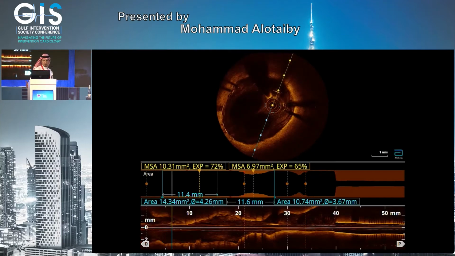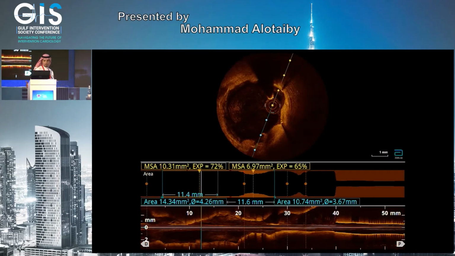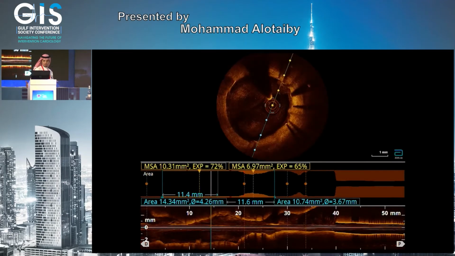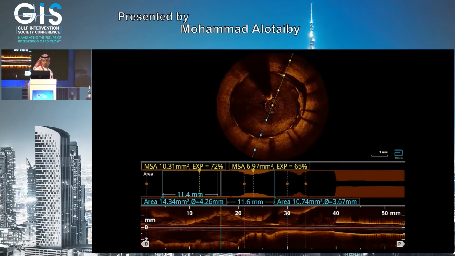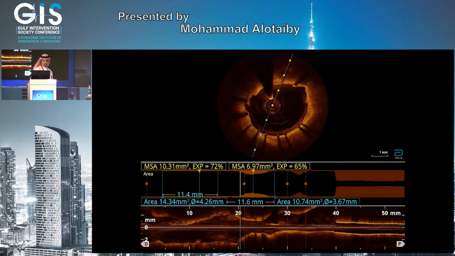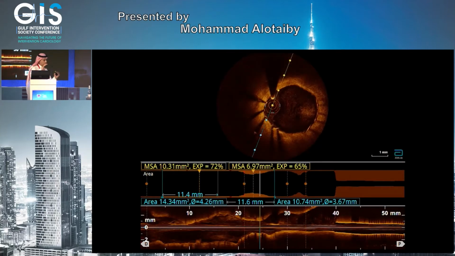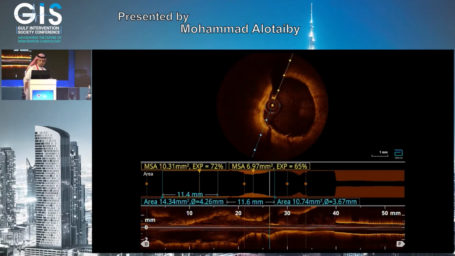And you see, it's difficult sometimes to inject when there is ectasia because of the streaming. But they could see that the distal part of the stent is fine. And then there is a gross malposition in the middle of the stent, and the proximal part is fine. So it's the ectasia area which is malapposed.